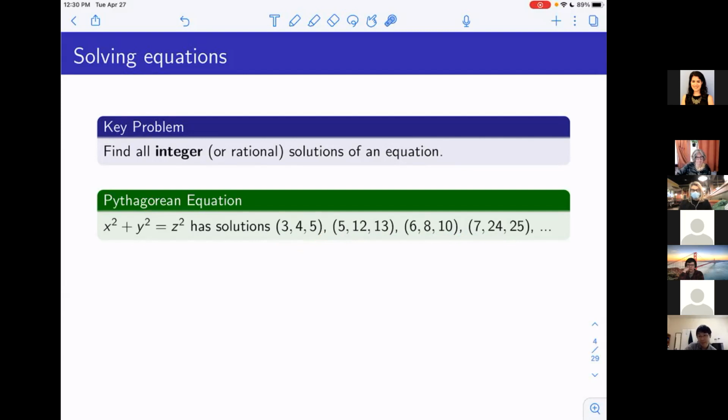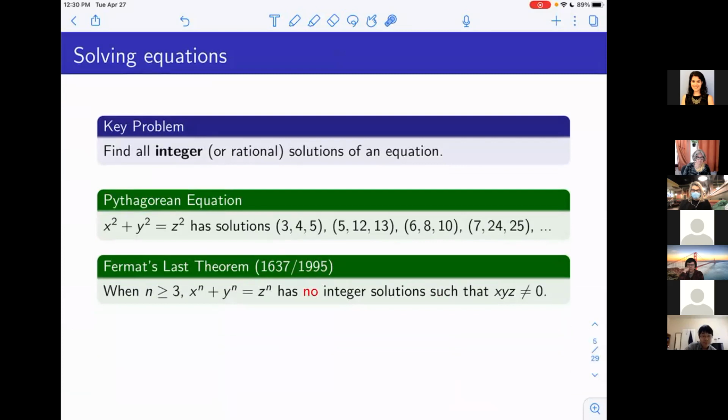But if you just tweak this equation a little bit, then it becomes very, very hard. Let's say you just go from x squared to x to the nth power and consider this equation, x to the n plus y to the n is z to the n. That's known as Fermat's theorem, which is the statement that it has no integer solutions at all if x, y, z are non-zero.